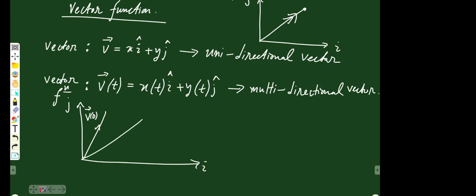Then this is the vector v1. That means t is equal to 1, the vector is there. Why? Because it's changing, right? You can see this x value and y value is changing with time, right? So when t is equal to 2, v2 looks like this, right? That looks like this.